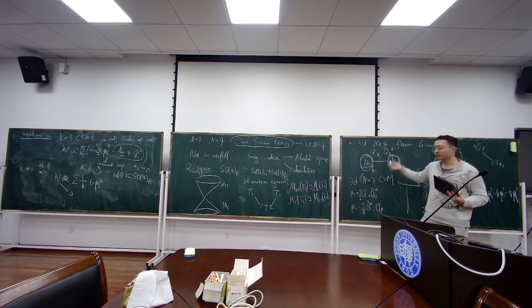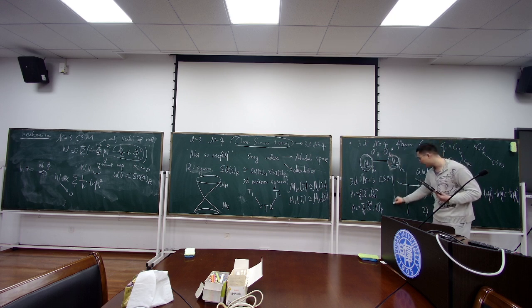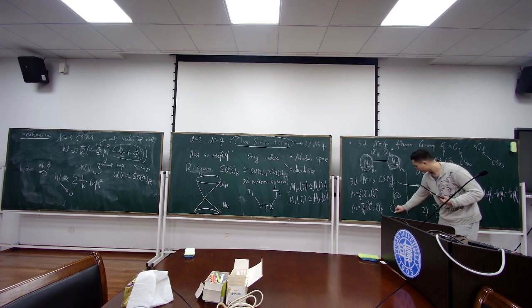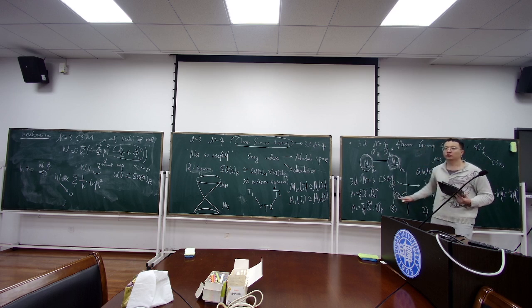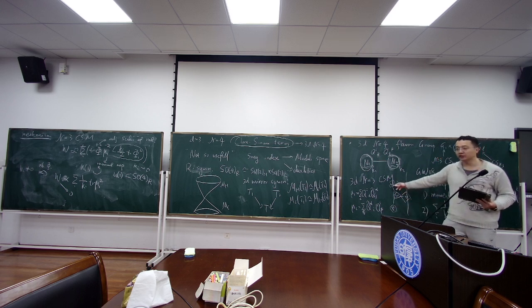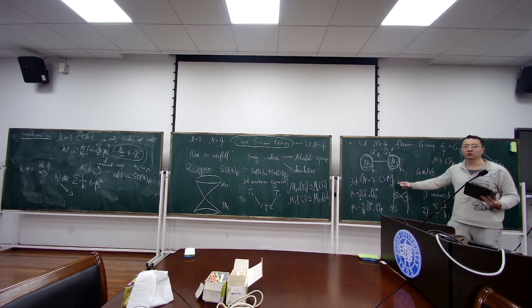But if I have some more complicated case like the T_N series, this actually has a three flavor group: SU(N)_1, SU(N)_2, SU(N)_3. So in principle, for each flavor group, you have mu1, mu2, and mu3.